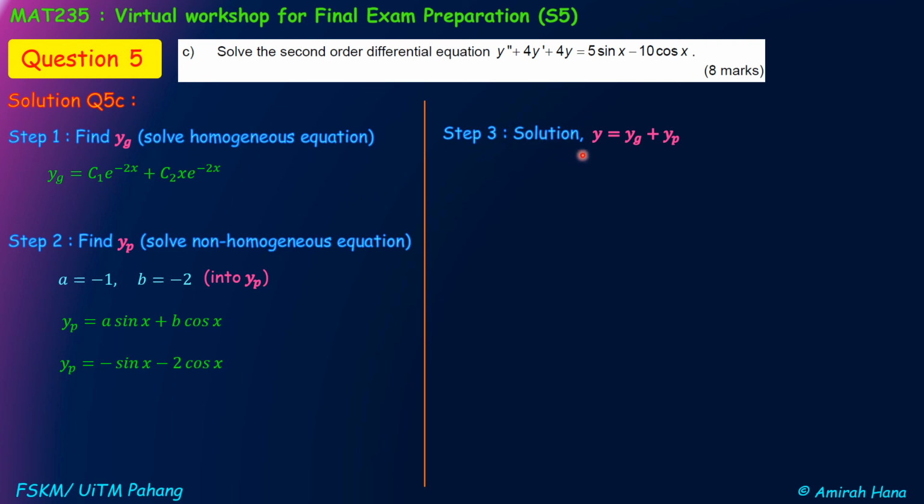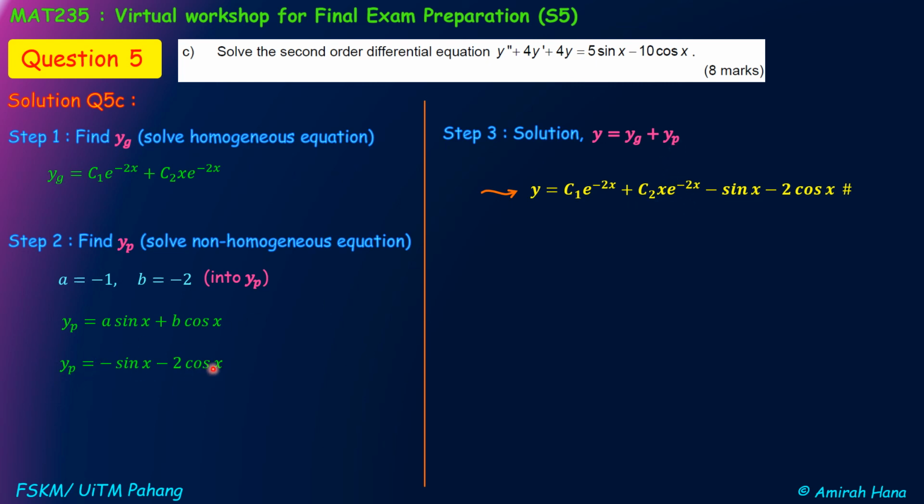The solution is given by y equals yg plus yp. So the solution is y equals, we replace yg equals c1 e to the power of negative 2x plus c2 x e to the power of negative 2x, and then plus yp.